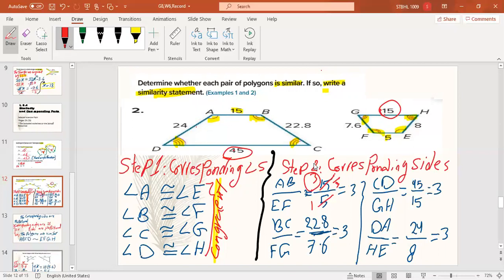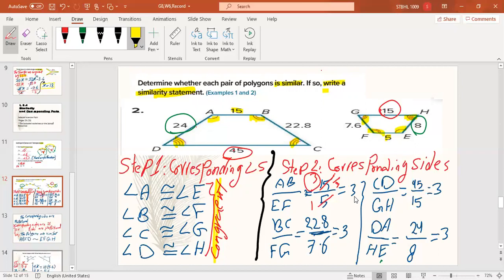We will divide 45 by 15, you will get 3. And finally, line segment DA, which is 24, corresponds to line segment HE, which is 8. And when you divide 24 by 8, you will get 3.